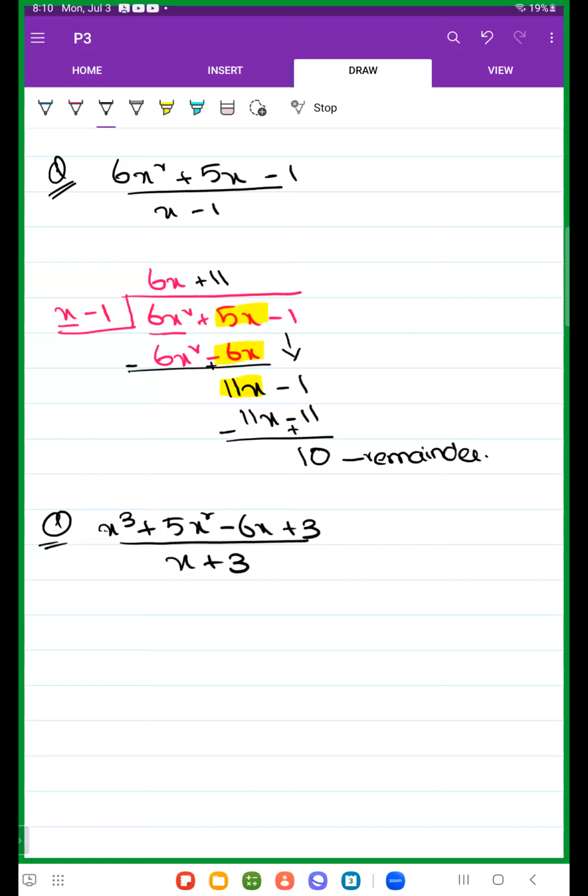I'm getting -33 as my remainder. Minus 33. Let me check.